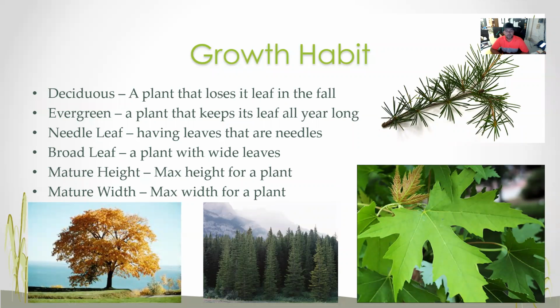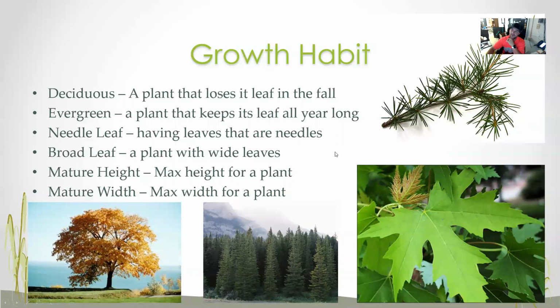So different types of growth habits. We have deciduous, that's a plant that loses its leaf in the fall and gets it back in the spring. An evergreen is a plant that keeps its leaf all year long. Needle leaves, like over here on the right, have leaves that are very, very small, very pointy, and don't get very broad.